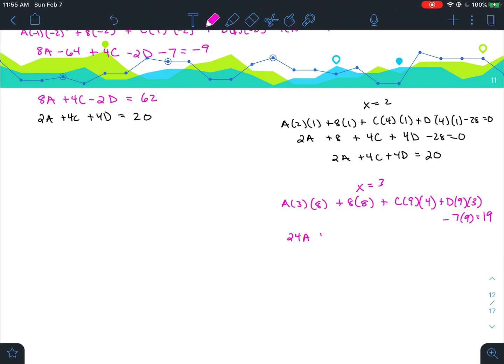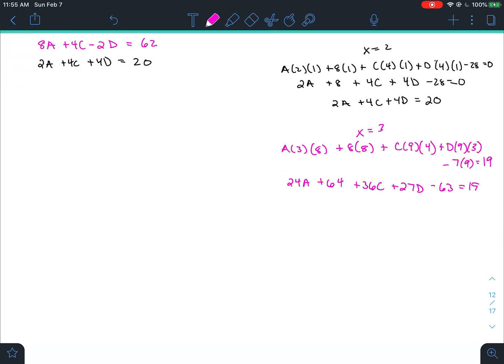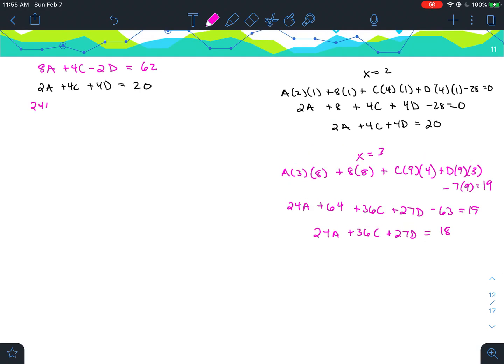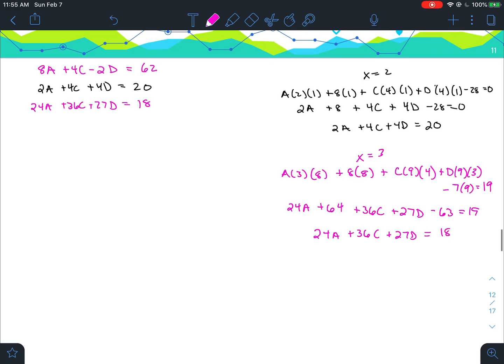So this is going to be 24a plus 64 plus 36c plus 27d minus 63 equals 19. So we've got 24a plus 36c plus 27d equals 18.